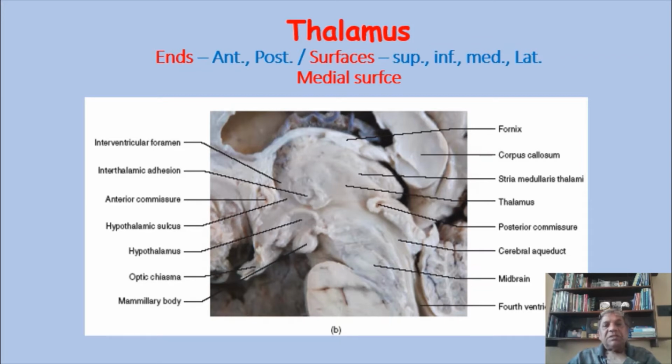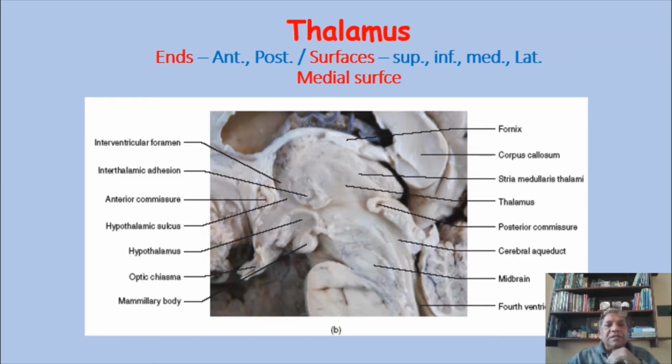This is because it forms the wall of the third ventricle. The upper part of the third ventricle is formed by the thalamus, the hypothalamic sulcus, and then this part of the hypothalamus. So this is the third ventricle, and the medial wall of the thalamus, lined by ependyma, is seen here.